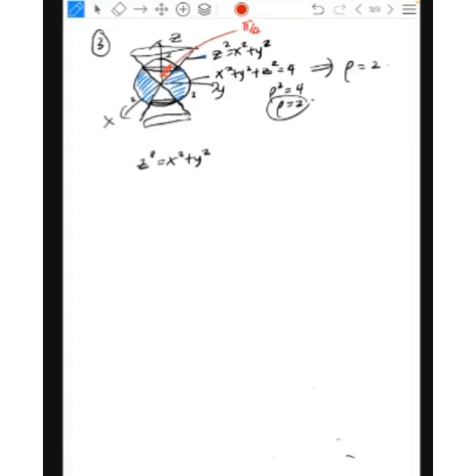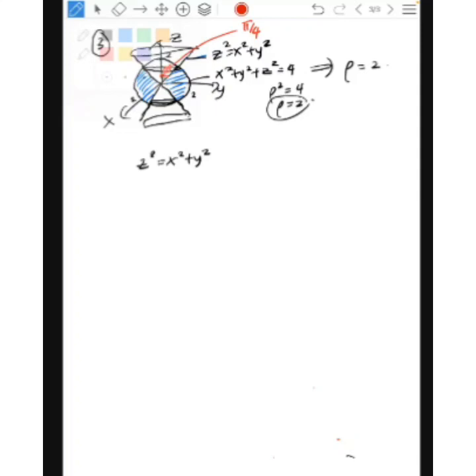Okay, kenapa pi over 4? Because the cone is half, is quarter kan. Kalau sampai y itu adalah pi over 2, but then it's half of pi over 2, then it's pi over 4.